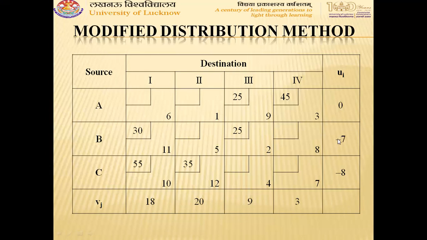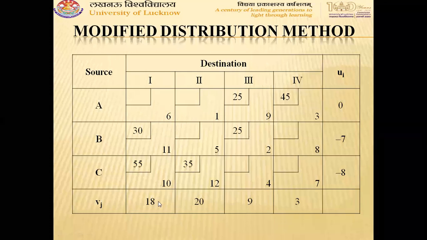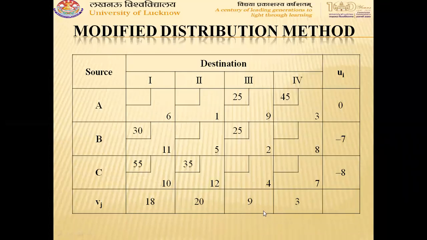Then 11 minus minus 7 will become 18. Then 10 minus 18 will give minus 8. Then 12 minus minus 8 will give 20. So in a simpler way, by using only this table, we can calculate ui plus vj equals cij.